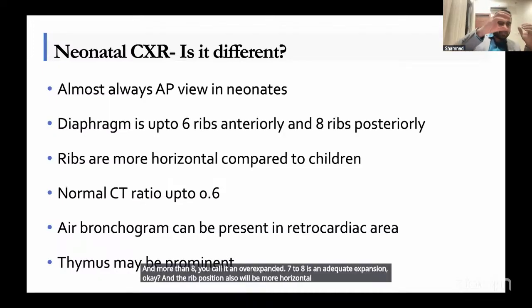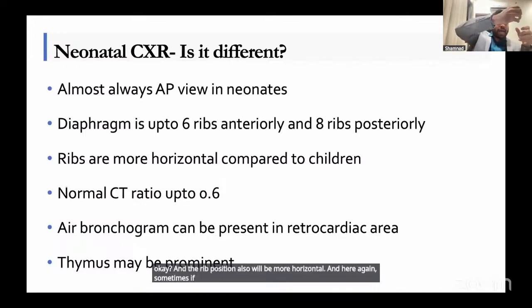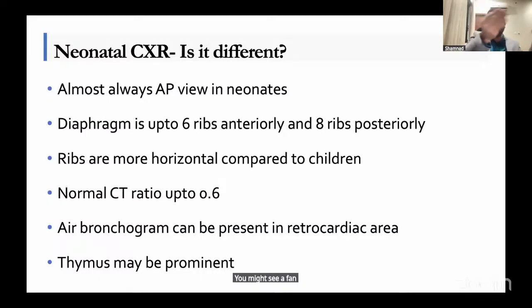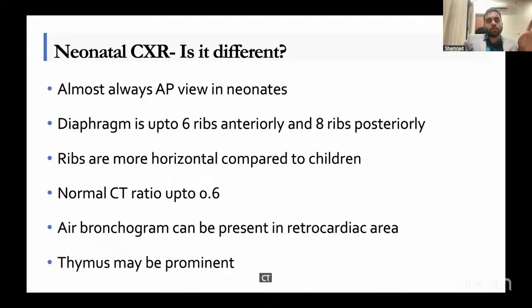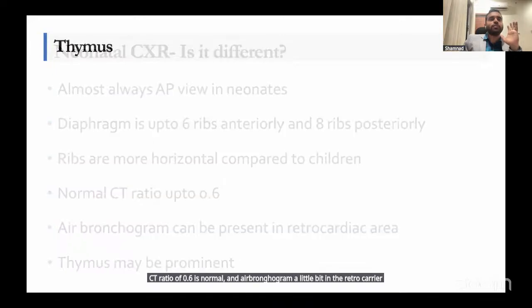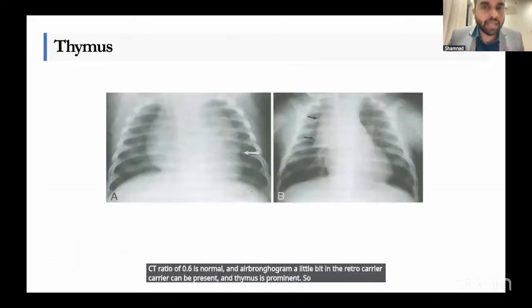And here again, sometimes if your X-ray tube is angled upward, you might see a fan-like configuration of the ribs, which many people might have seen. So ribs, otherwise also, are more horizontal in children compared to adults. In neonates, it's more horizontal. CT ratio of 0.6 is normal, and air bronchogram a little bit in the retrocardiac area can be present, and thymus is prominent. So we come into thymus.